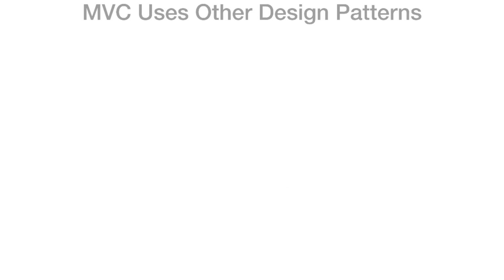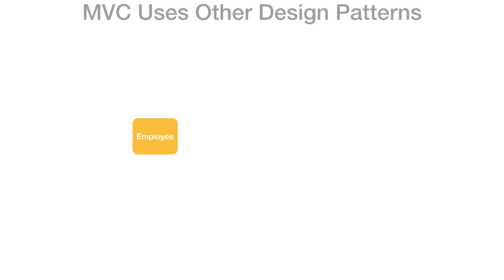Now, the MVC uses other design patterns. The beauty here is that as we start talking about advanced design patterns, you can start mixing and matching other design patterns into one. We call this a compound design pattern.